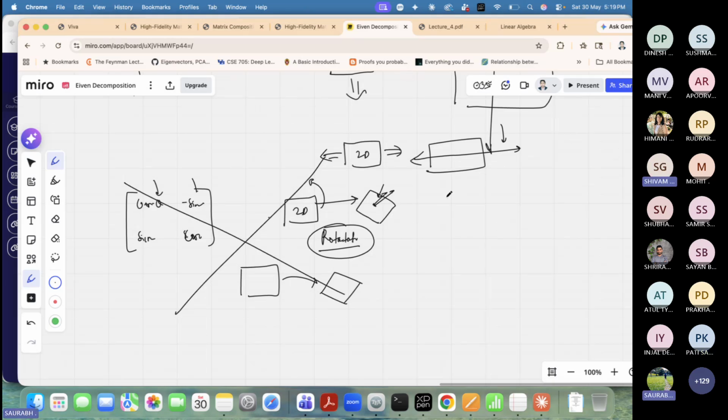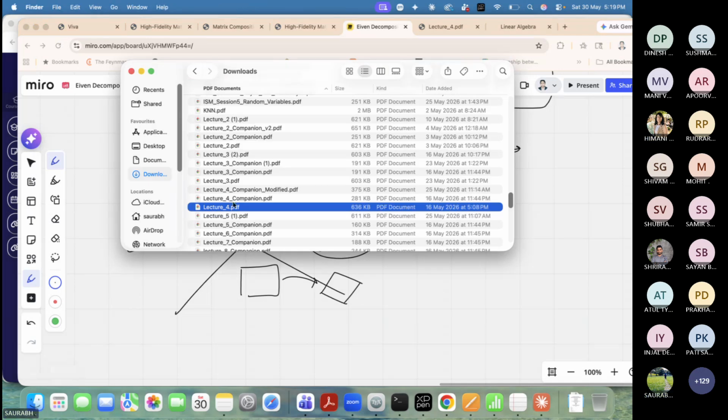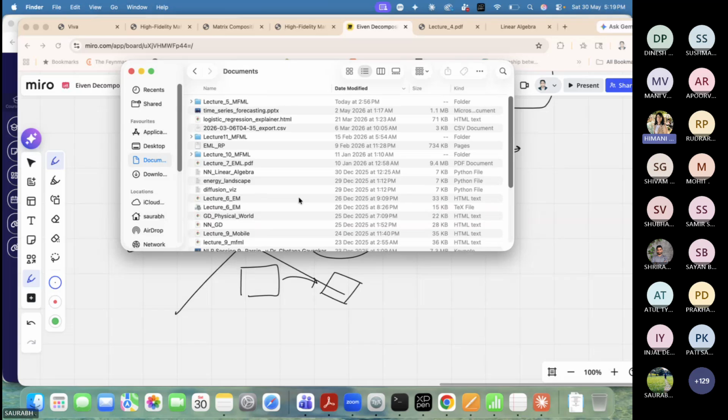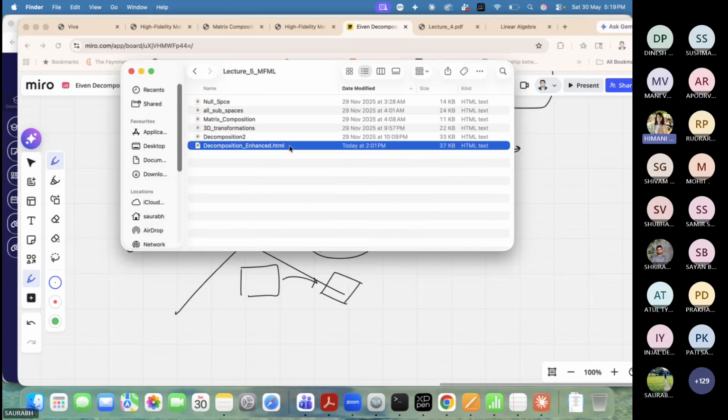Okay. Now, I'll just end with one specific visualization, which will help you. Just one question. Yeah, go ahead. Maybe a lame question. This is a 2D plane, and whatever we are rotating.